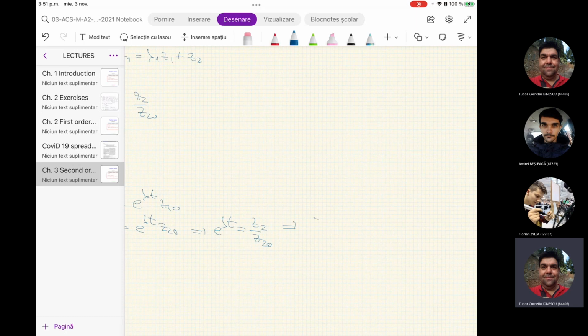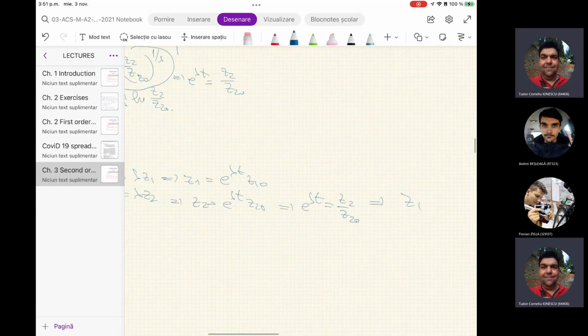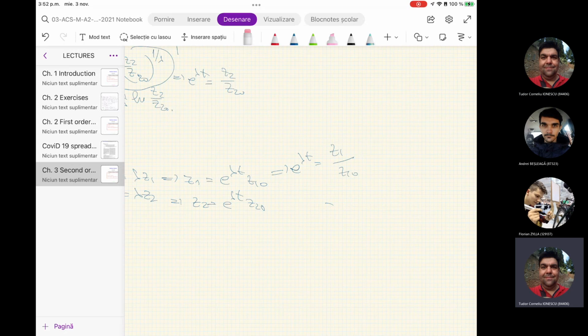Hence, e to the lambda t is Z1 over Z1 naught. Then you get Z2 equals Z1 times Z2 naught over Z1 naught.